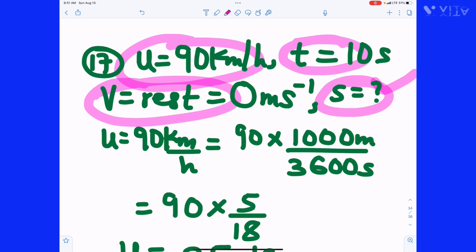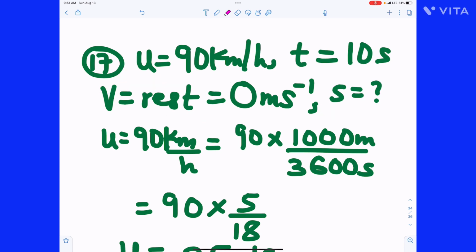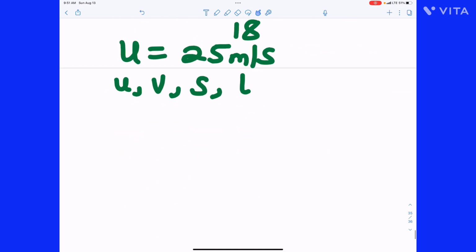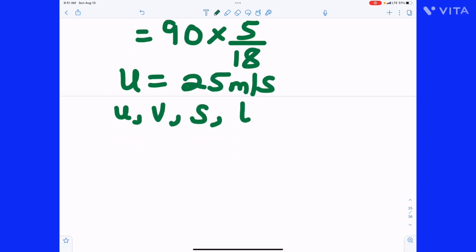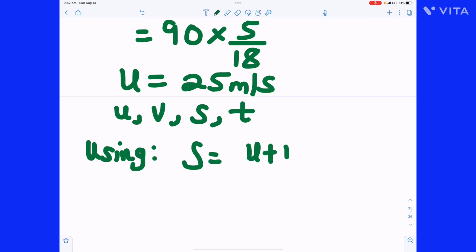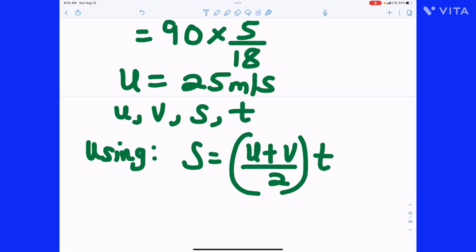The formula connecting U, V, S, and T. That's the second equation of motion, whether second or first. The one that says distance is equal to average velocity times what? Time.